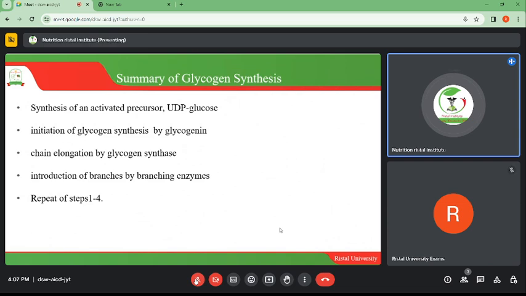And then the second is initiation of the glycogen synthesis by glycogenin, the protein molecule I talked about that has tyrosine attached onto it, and that tyrosine OH group bonds with the first glucose molecules that now forms a primer.